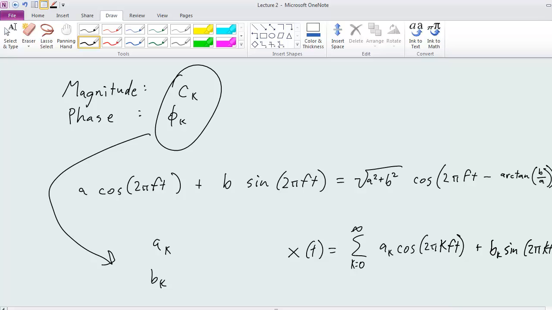So after performing the correct conversion from these first coefficients to the second ones, you can come up with an equivalent way of reconstructing your signal using cosines and sines that don't have phase shifts.